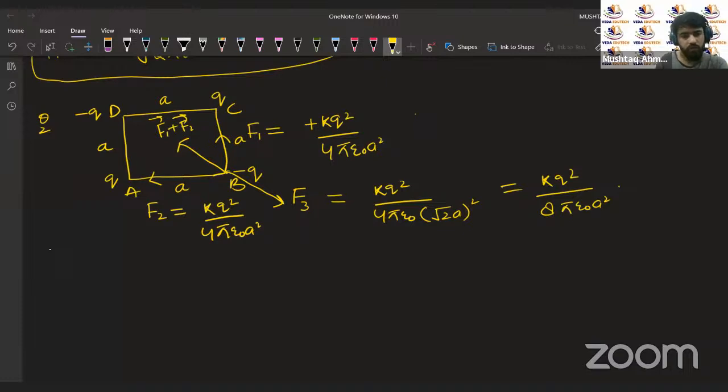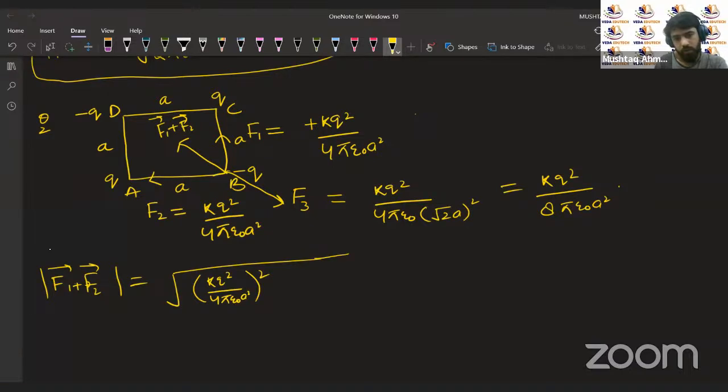And the magnitude of F1 plus F2 will be under root of KQ square upon 4 pi epsilon naught A square, whole square, plus KQ square upon 4 pi epsilon naught A square, whole square.